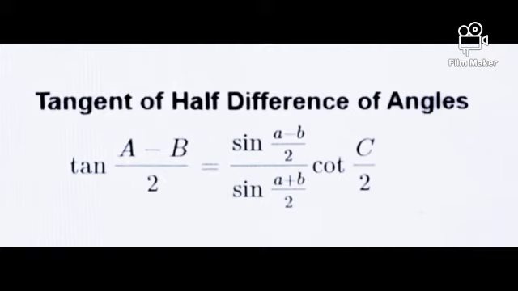This is the fourth and the last of Napier's analogies, and it is called the tangent of half the difference of two angles.